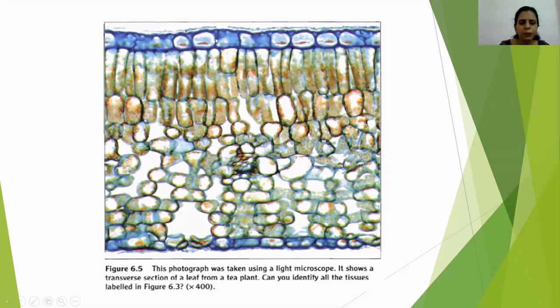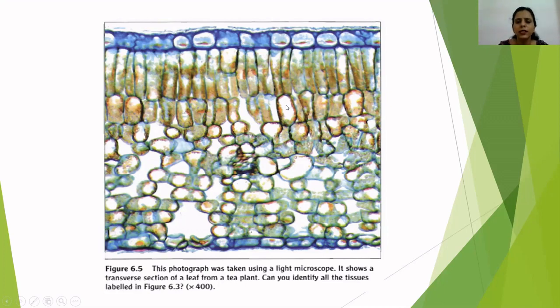Then we have this epidermal tissue, the upper epidermis. Okay, these are different epidermal cells. And just below that, we have two layers of Palisade mesophyll cells. So here you can make out long and thin Palisade mesophyll cells, isn't it? And a little bit you can make out small round structures, green in color. These are chloroplasts.